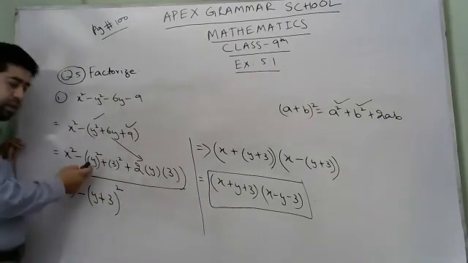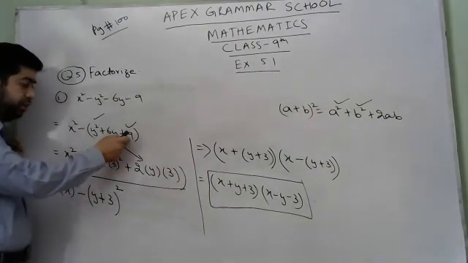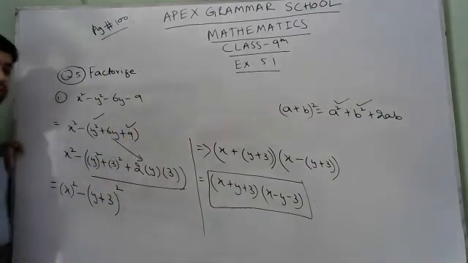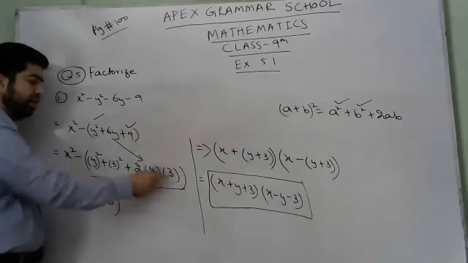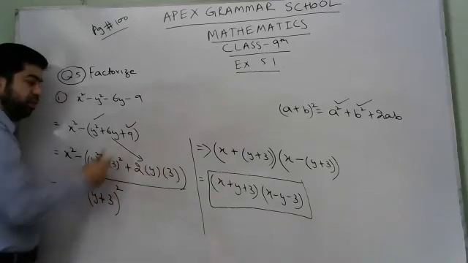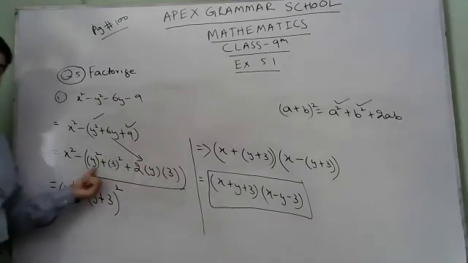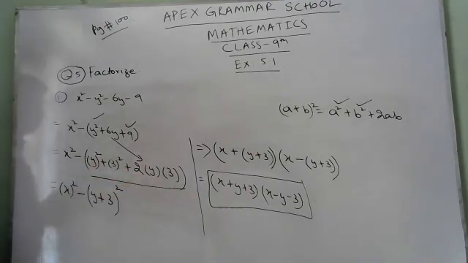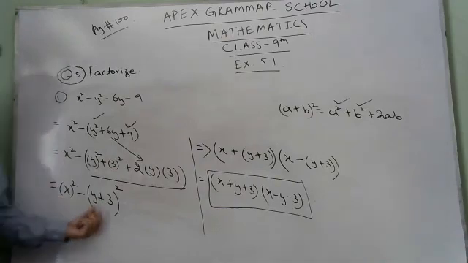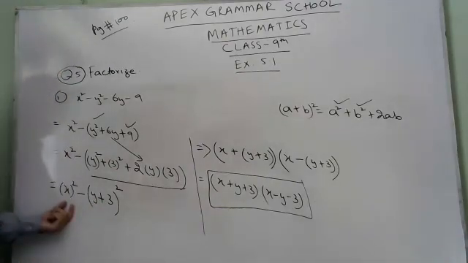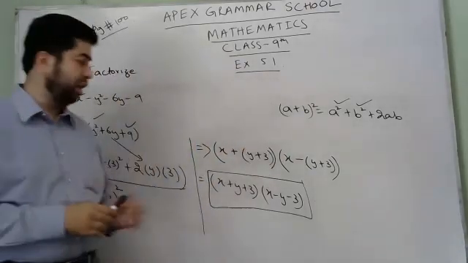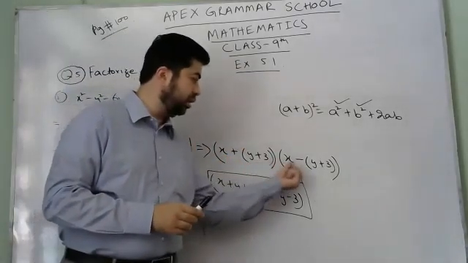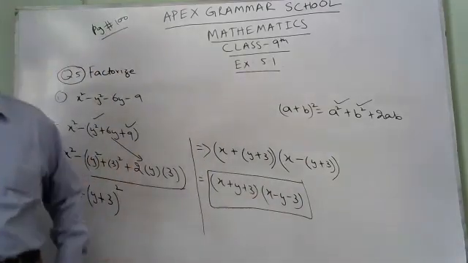This is y square, this is a square, this is 9, this is plus b square or 3 square, and after that plus 2ab form, 2 times 3 is 6, 6y. So you can say that this is a plus b whole square. So this becomes a square minus b square type, like a plus b into a minus b. So a plus b, and this is a minus b, and that's it.